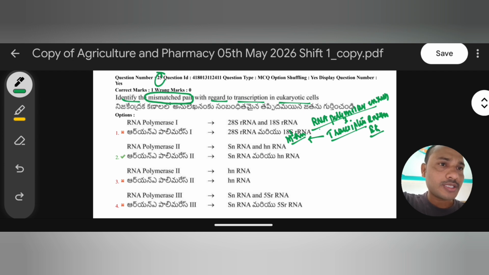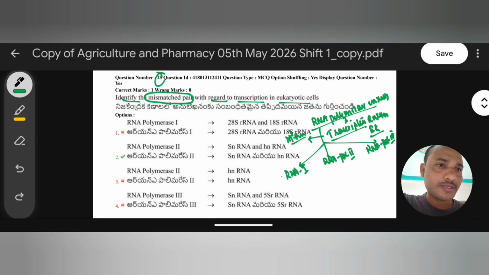So in eukaryotic cell there are 3 different types of transcription enzymes. How many? 3. One is RNA polymerase 1, RNA polymerase 2, RNA polymerase 3. Like that, there are 3 different types of RNA polymerase enzymes, and each has its specific role.